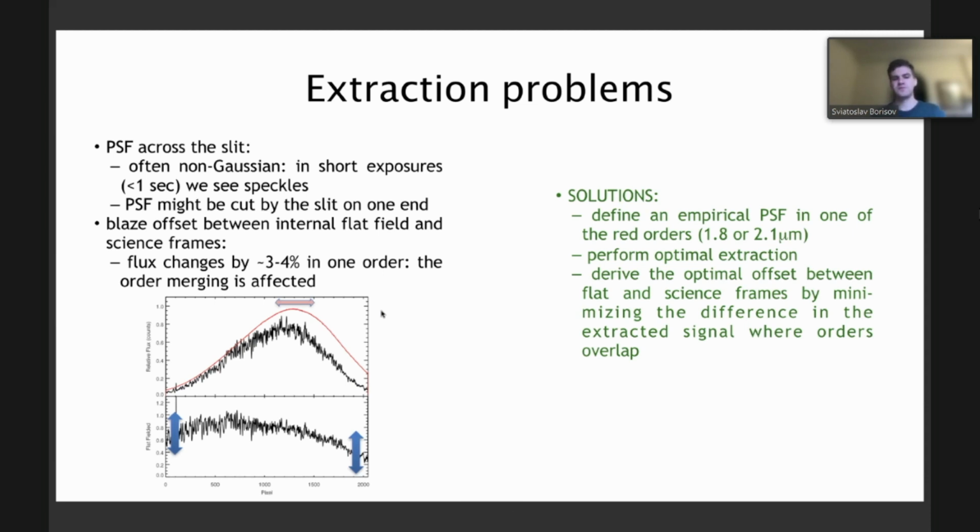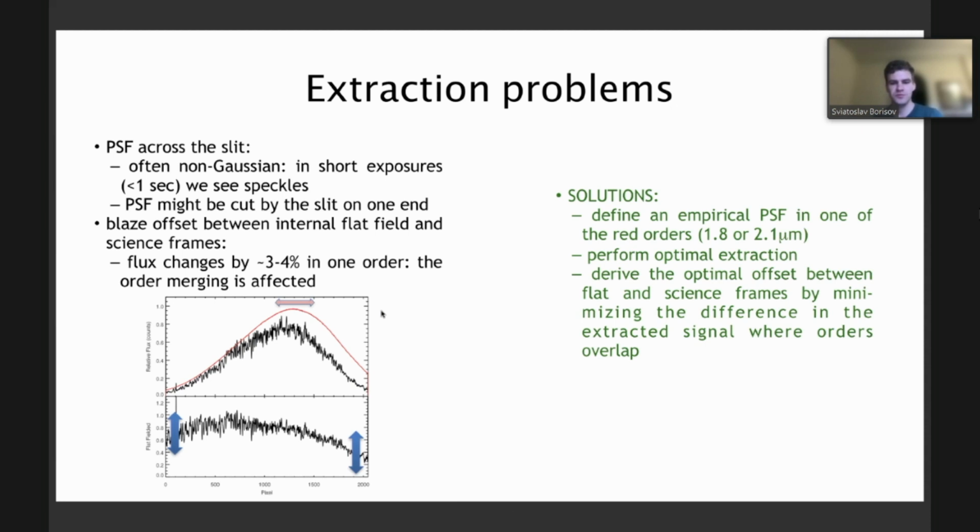Another type of problem is that due to some flexures in the mechanisms, the flat field frame might be a bit shifted with respect to science frames, and it produces some ripples in the regions where Echelle orders overlap. But there is a solution to this.